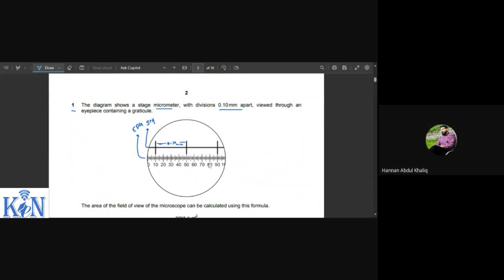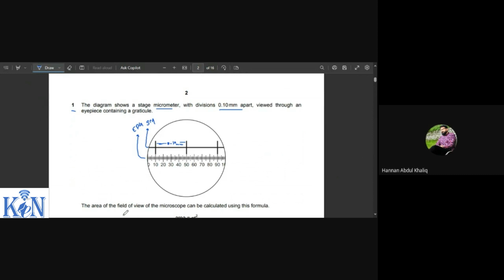This is a particular way of naming them because in chapter number 1 we have a whole topic on how we can measure different things in the light microscope. But that particular concept is related to measuring the size of the specimens.